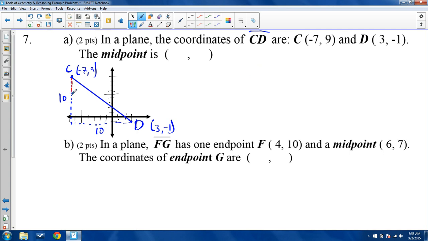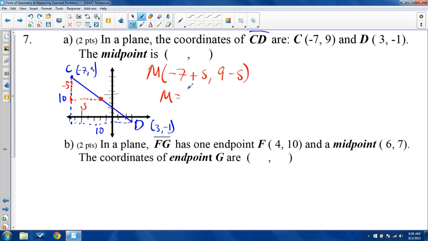Going down 5, and going over 5. To find my midpoint, it's going to be going 5 to the right from -7, and going 5 down from 9. That's going to give me the midpoint there.